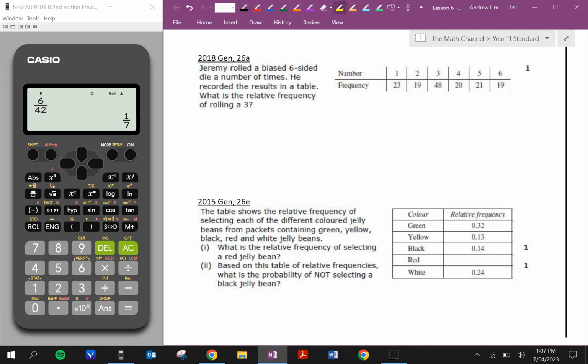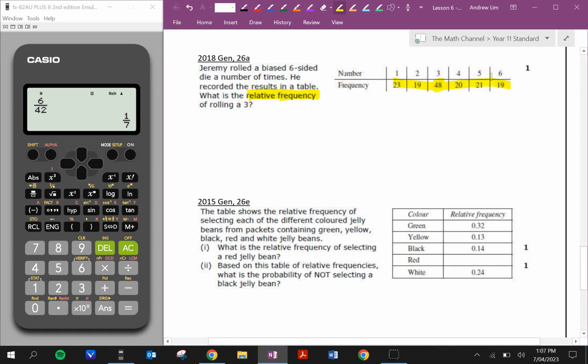So it's important for you to remember, relative frequency is a probability. Okay, we need a fraction, a decimal, or a percentage, somewhere between 0 and 1 or 0% and 100%. Usually it's easiest to write as a fraction. So, rolling a 3. Rolled a 3 48 times. Out of how many times was the experiment conducted? Well, that's where we add all of these numbers.